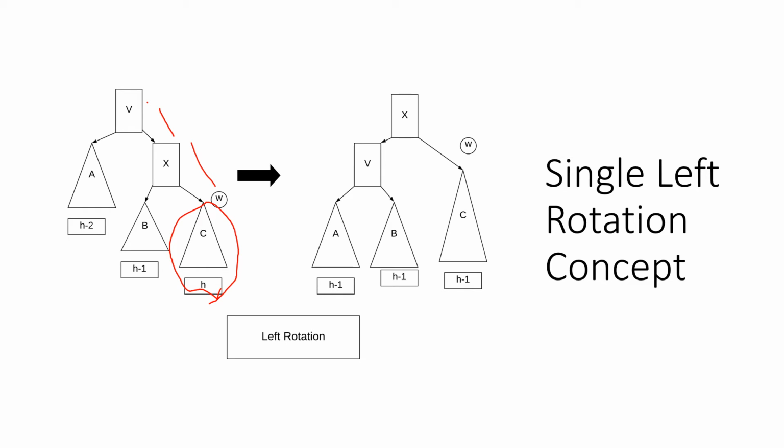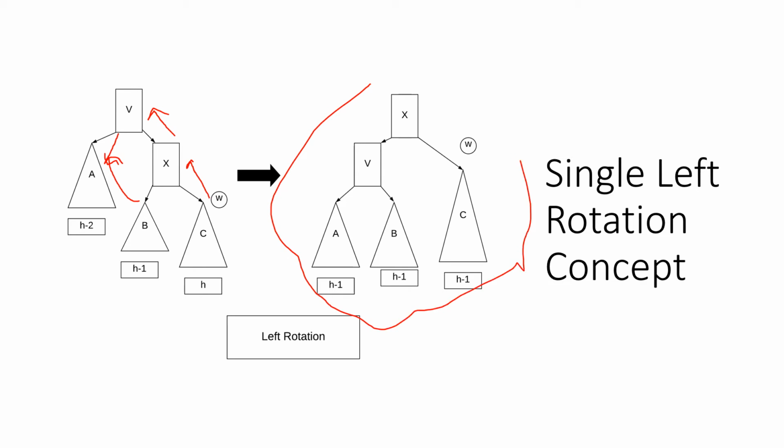It's quite simple. We just rotate everything by left. So this will go up, this will come down, and B will get attached to V. So this is our final subtree.